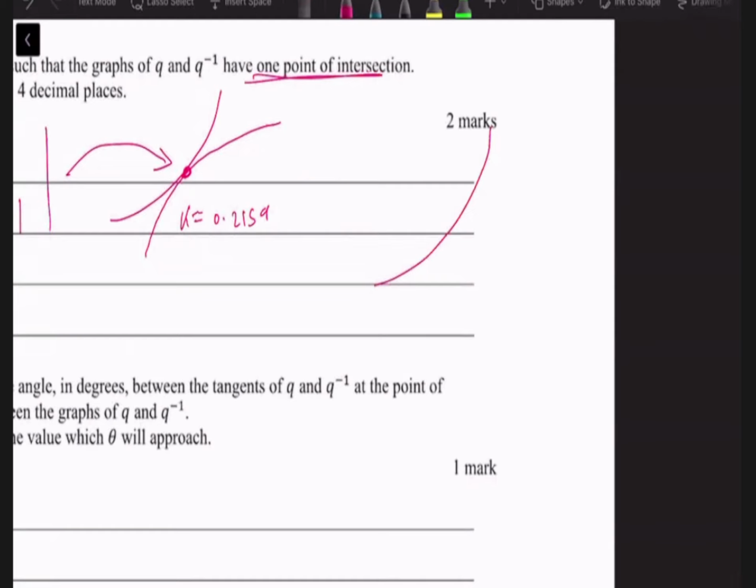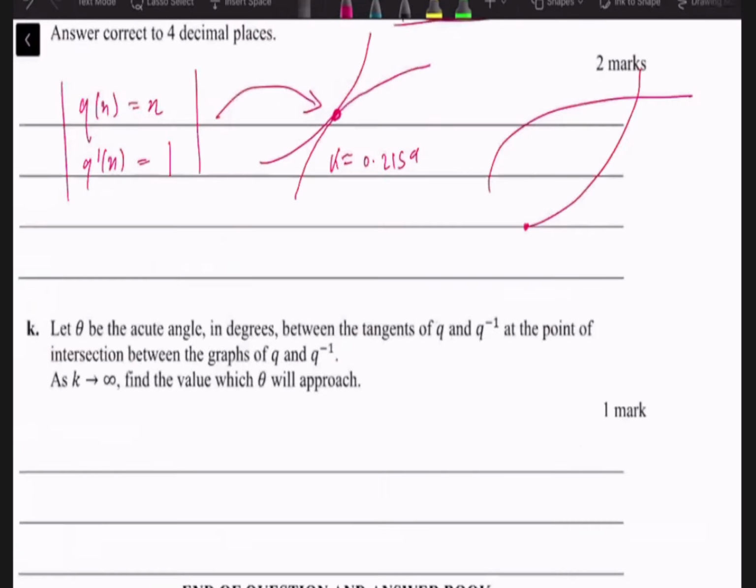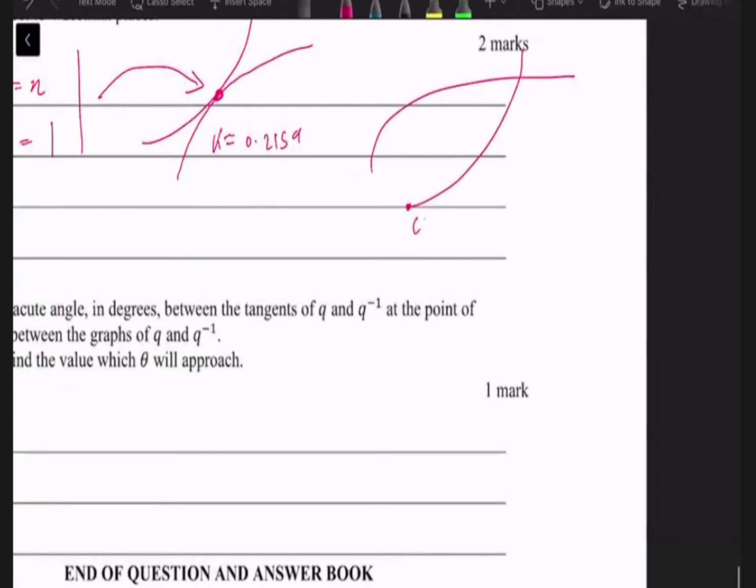But the other possibility of getting one intersection is if you have your Q function and your Q inverse function like this, because the domain is restricted from k to infinity. So you don't have to worry about a second point of intersection like here, because the endpoints prevent that from happening.